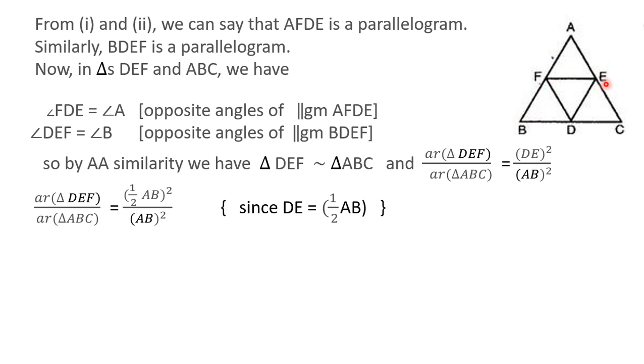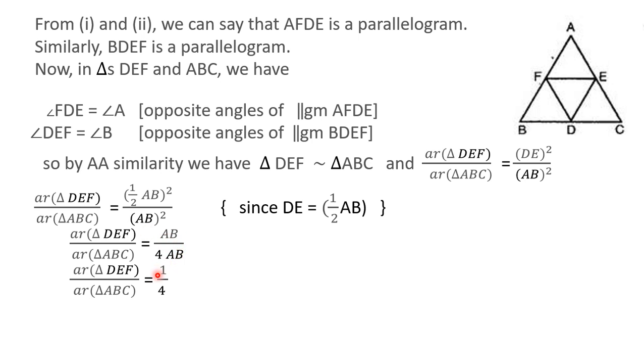So in place of DE we can write half of AB. So it is half of AB. Now taking the squares of these, 1 by 2 whole square will become 1 by 4, and AB upon AB will cancel out and we get 1 by 4.